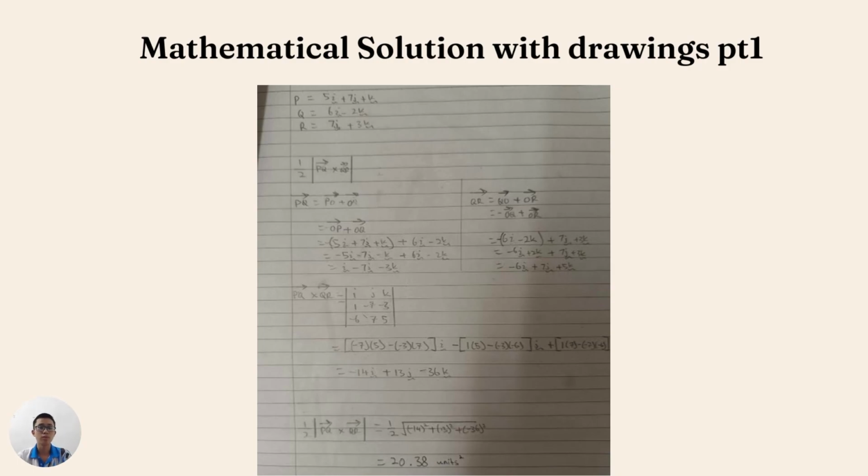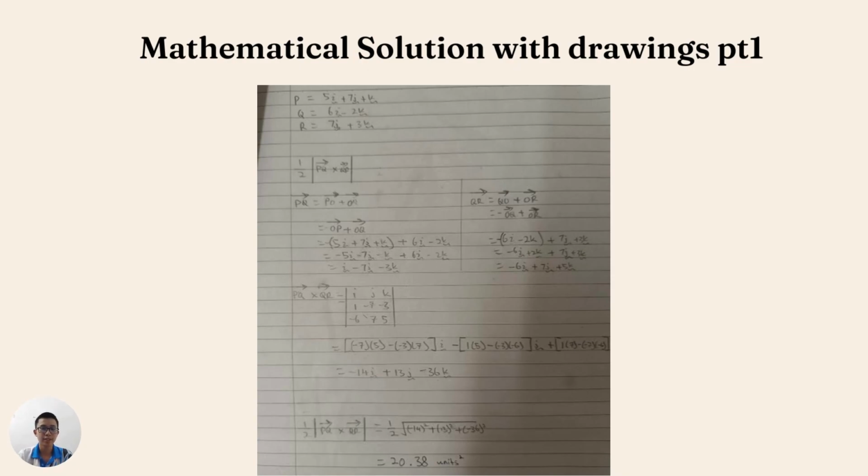We also have vector OQ, but we don't have vector QO. So same situation, we'll just make it negative. So after we made vector OQ negative, the result we get is negative 6i plus 7j plus 5k.